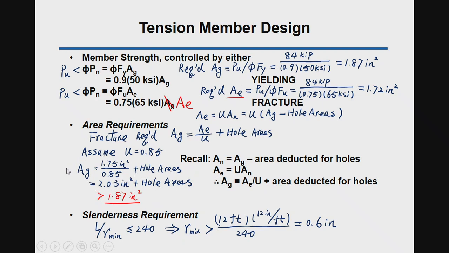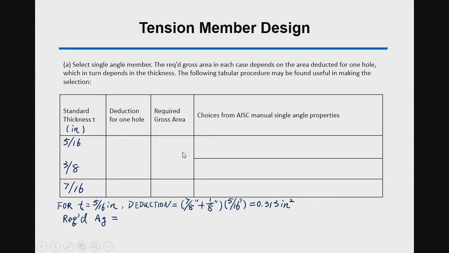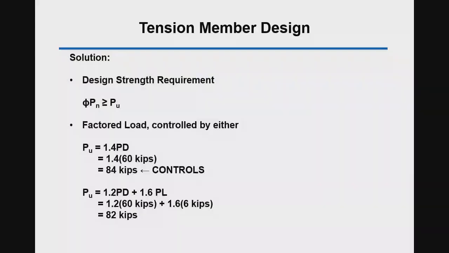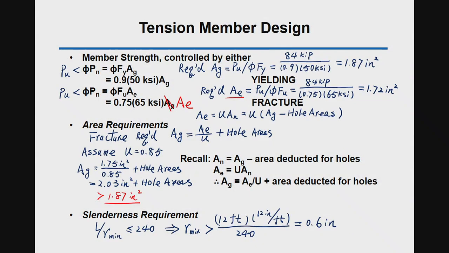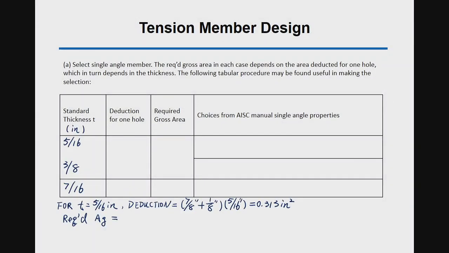So we want to calculate AG based on fracture. The required AG, going back, equals 2.03 plus the hole areas.